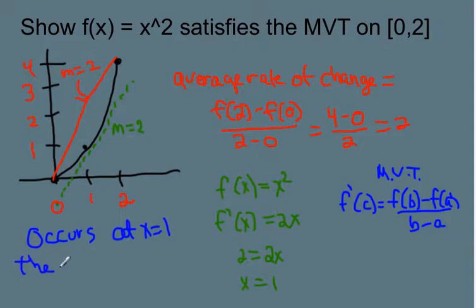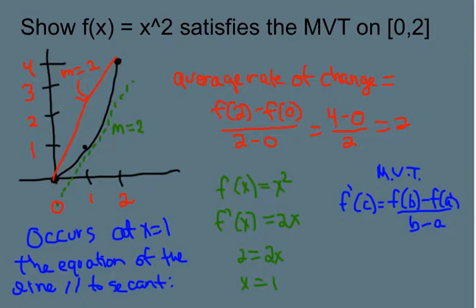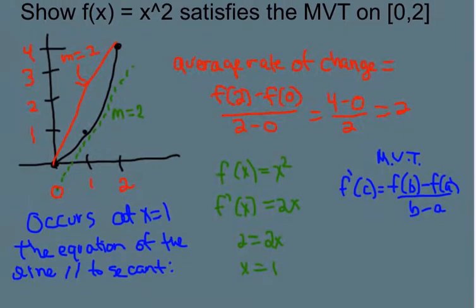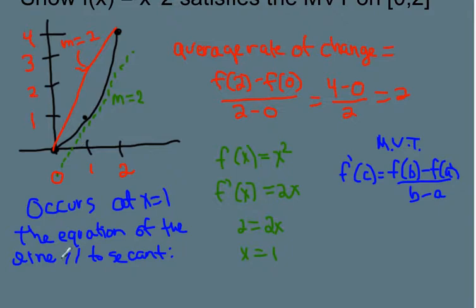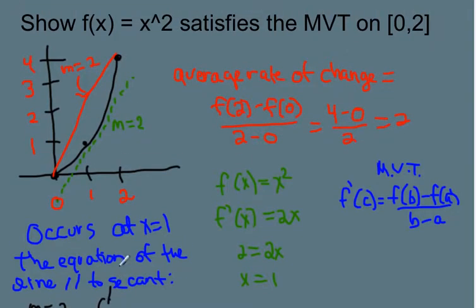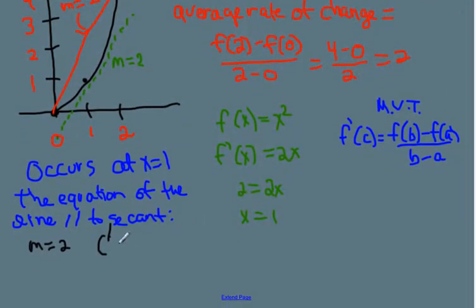And the equation of the line parallel to the secant line, we could calculate that, so let's do that. If I want it to be parallel, I know I'm going to have a slope of 2, and I also know that it goes through the point where x is 1, so the coordinates are (1, 1).